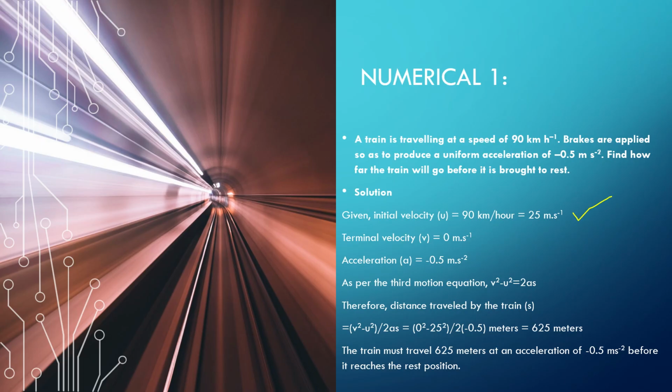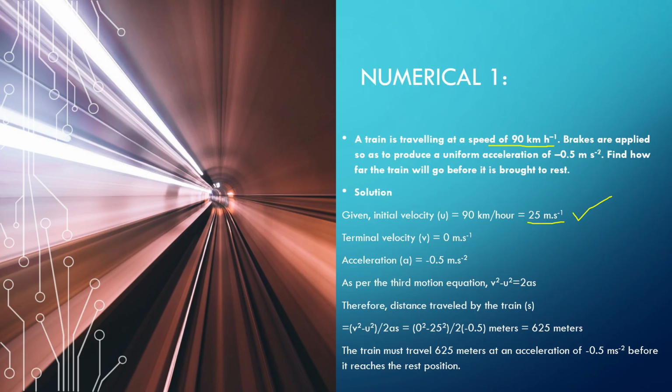So initial velocity. Now how do we know that it is an initial velocity? If you see the question, a train is traveling at a speed of 90 kilometer per hour. So 90 kilometer per hour becomes your initial velocity, and you have to convert kilometer per hour to meter per second.